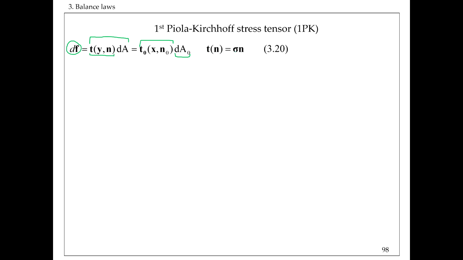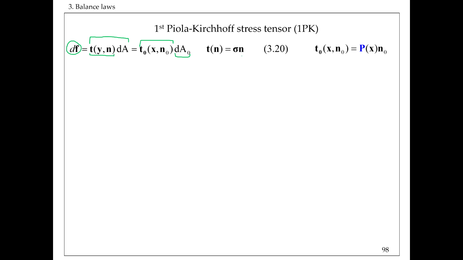It tells us traction is defined through sigma and the normal orientation n. And in a similar manner, we also almost finally define our new stress measure in the undeformed configuration, this first Piola-Kirchhoff stress tensor.